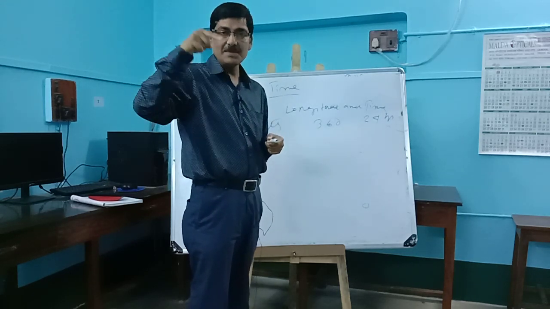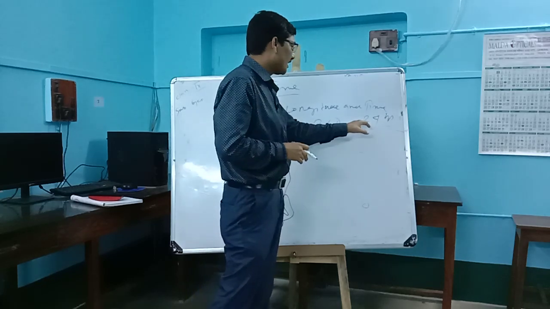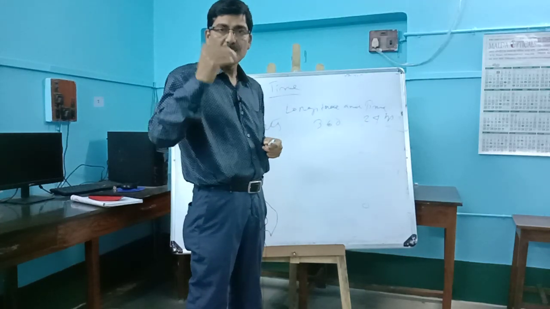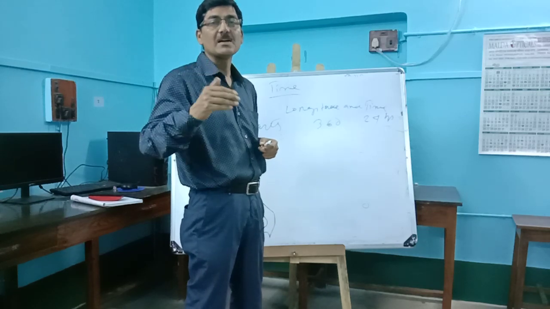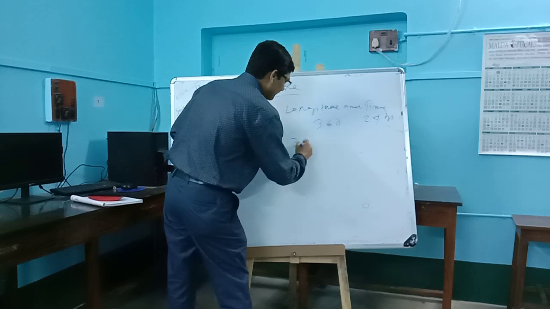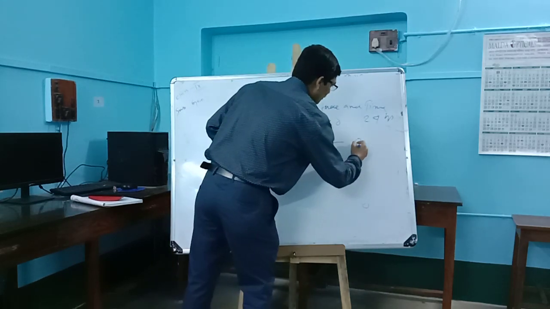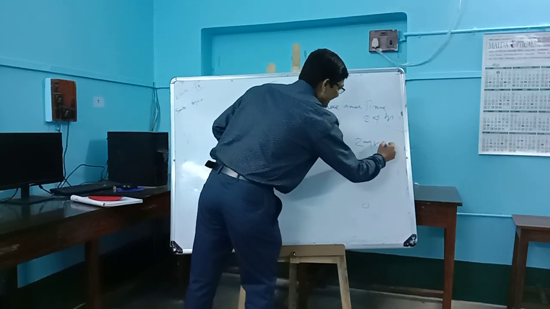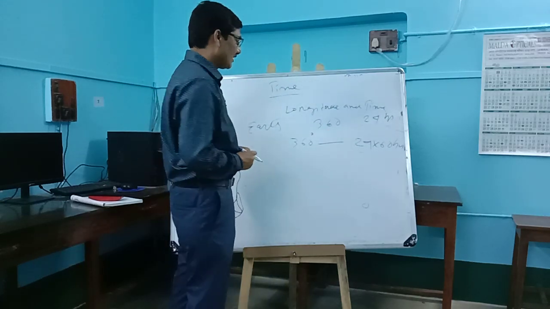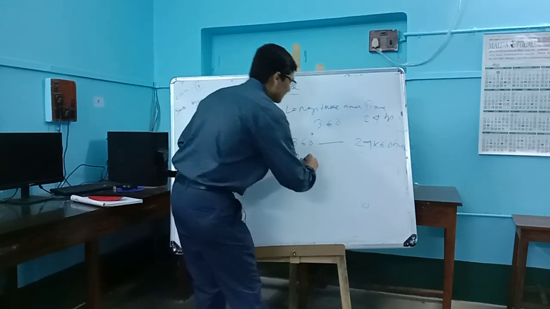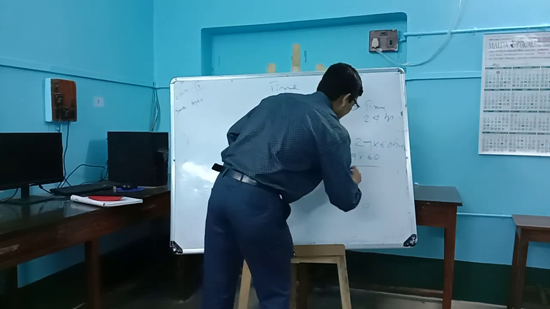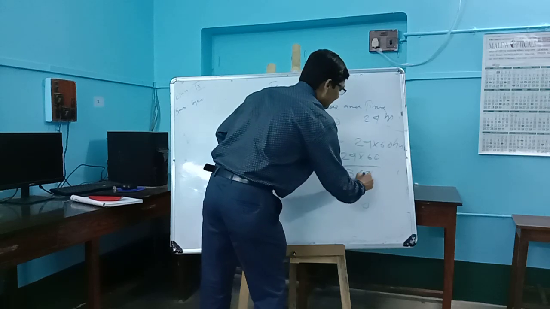Naturally, if it takes 24 hours to cover 360 degrees, then how much time will it take to cover 1 degree? So 360 degrees covers 24 into 60 minutes. Then 1 degree covers 24 into 60 divided by 360.